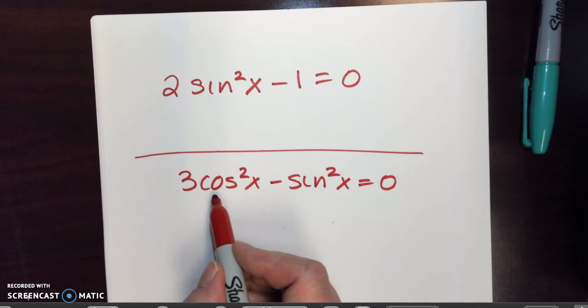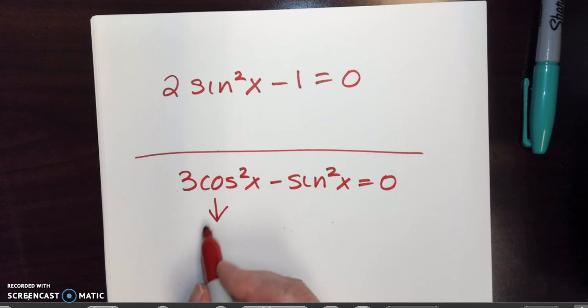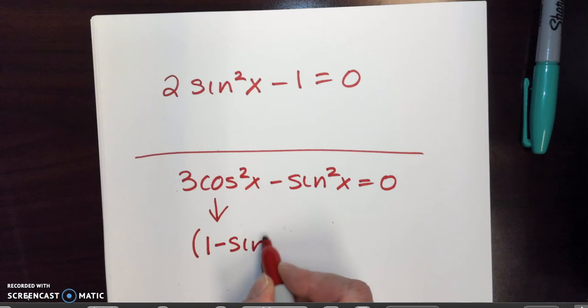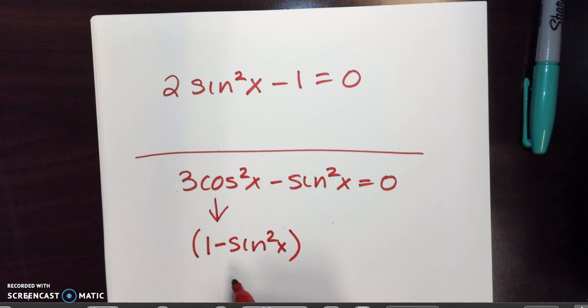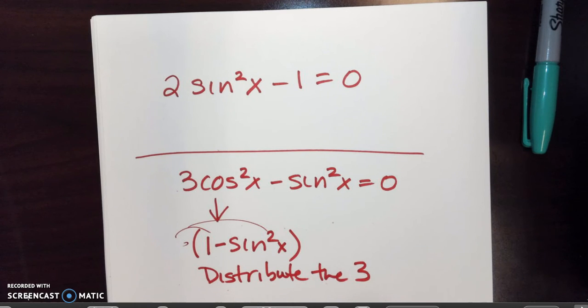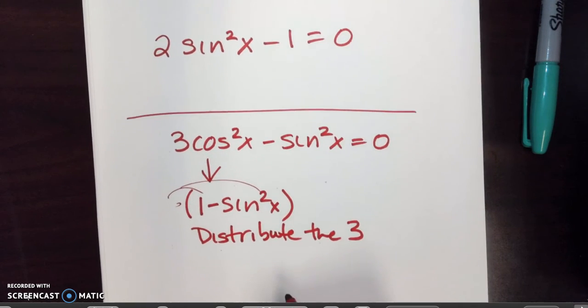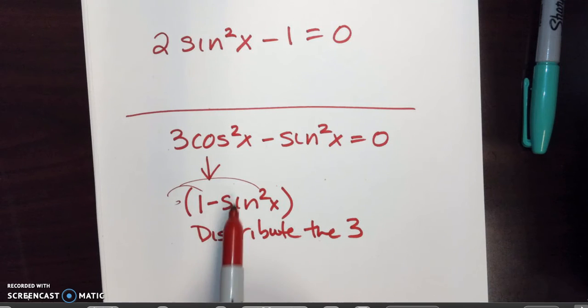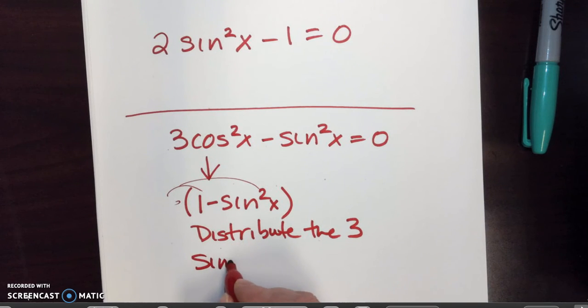My first hint is that I want you to rewrite cosine squared as 1 minus sine squared. Then you need to distribute this 3. So it'll be, and here are your instructions, distribute the 3. And then you can simplify from there.